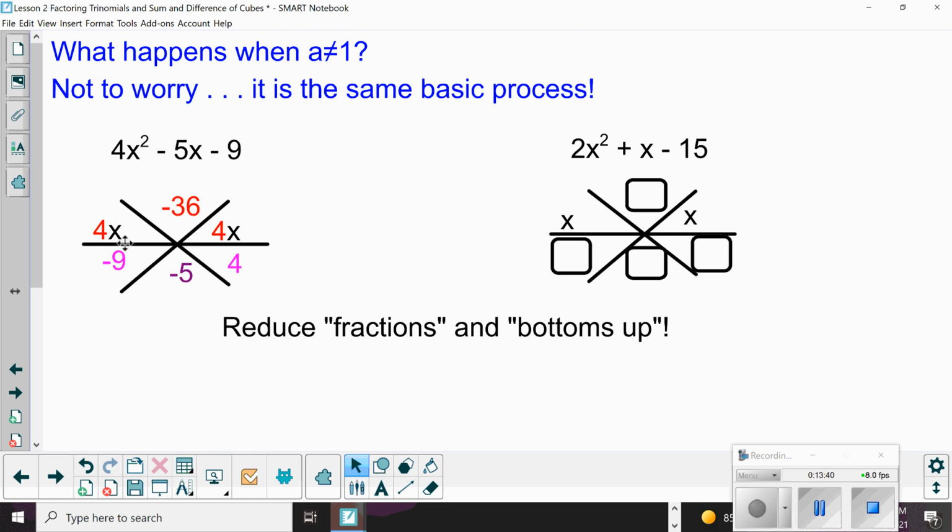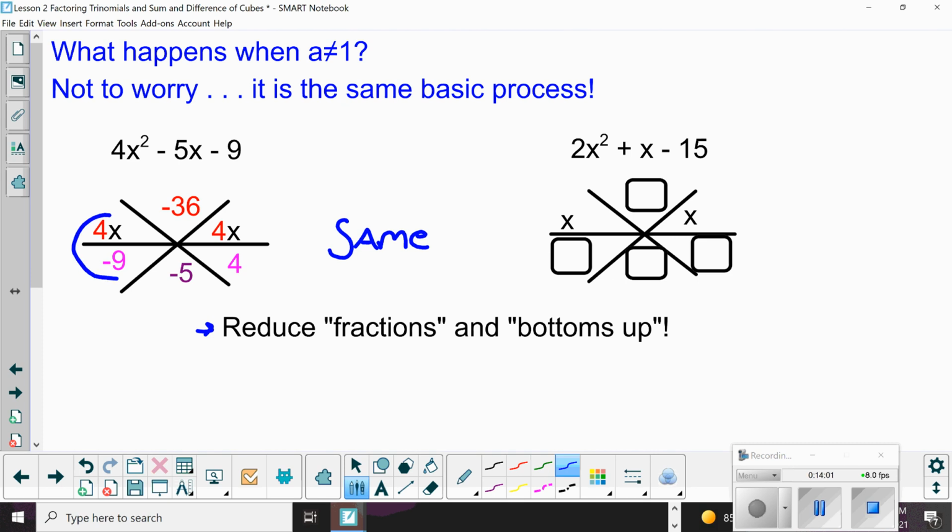Now, this right here, this is all the same. The extra step is here. You're going to reduce the fractions and bottoms up. So by reducing the fractions, you're going to take this fraction and this fraction, the 2 sides of your star, and you're going to write 4x over negative 9.